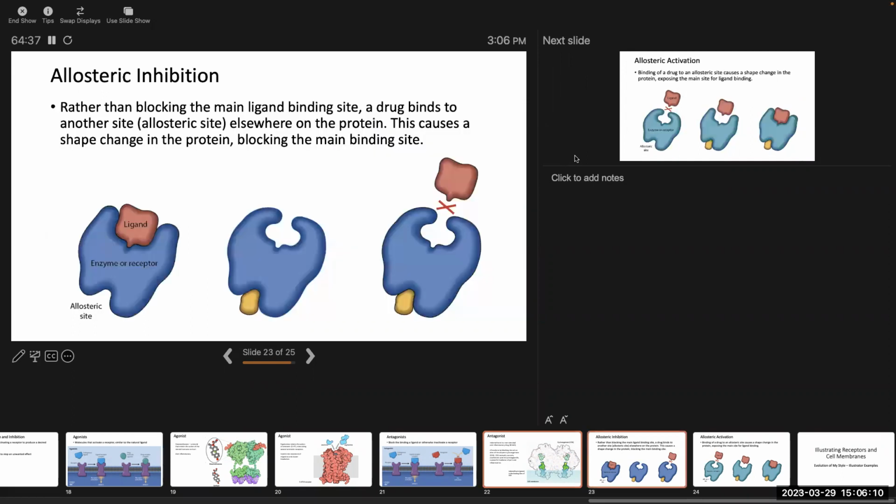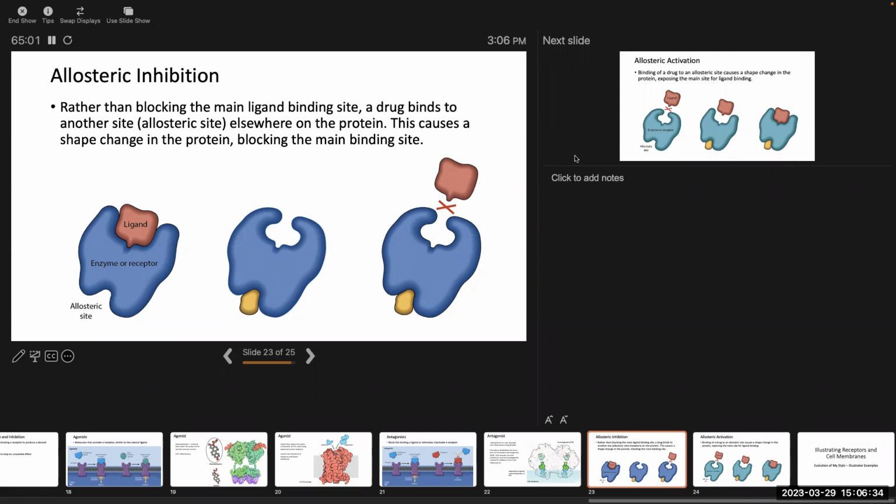But it's also possible for a molecule to bind somewhere else, not binding to the actual active site, but binding somewhere else on the molecule, what's known as an allosteric site. And binding a drug molecule to an allosteric site can inhibit the rest of the function of the molecule, or it can stimulate the function of a molecule.